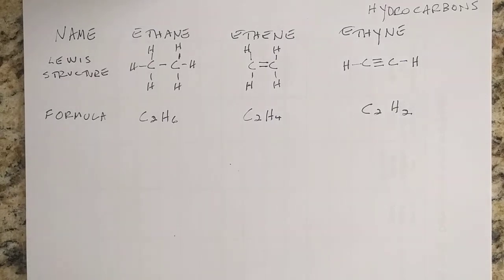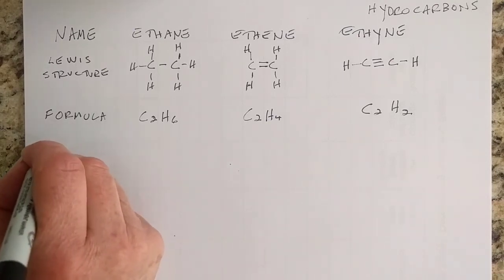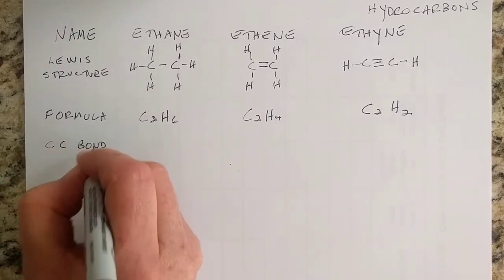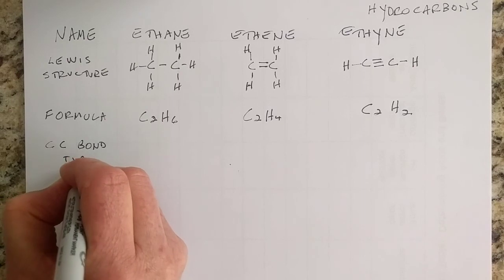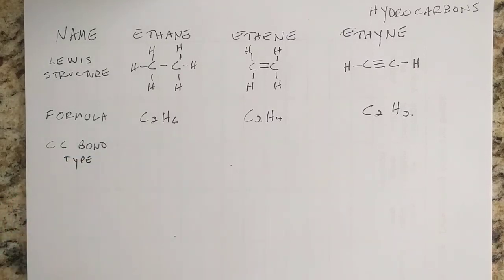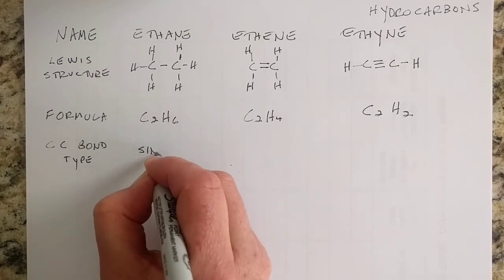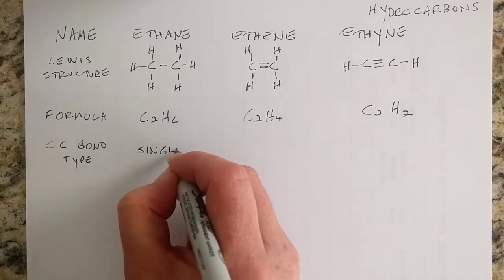Okay, so now we're going to look at the carbon-carbon bond type. That's what we're interested in each of these. So of course we have a single bond in ethane.